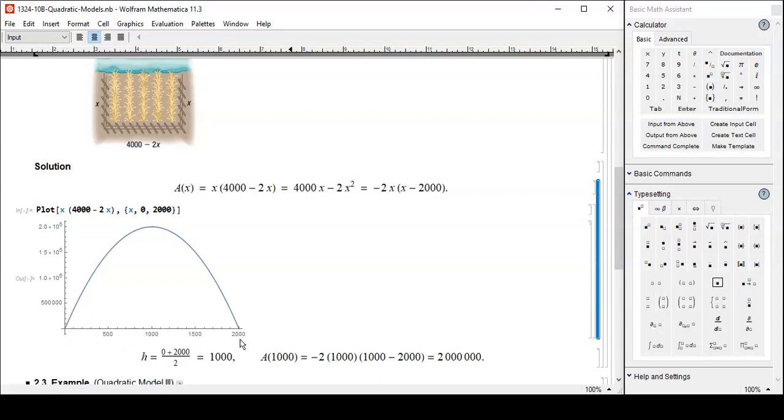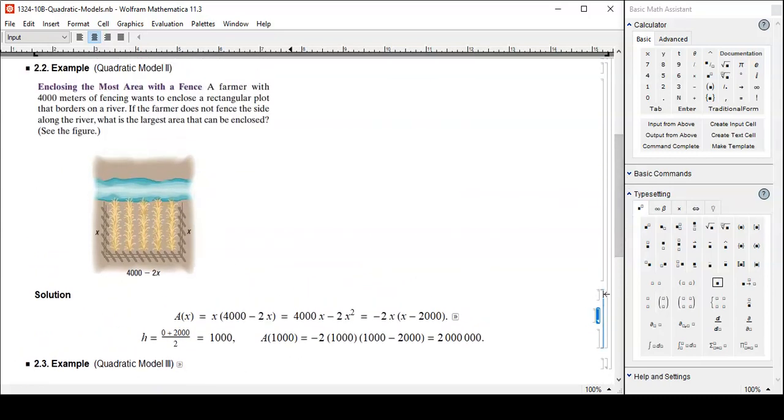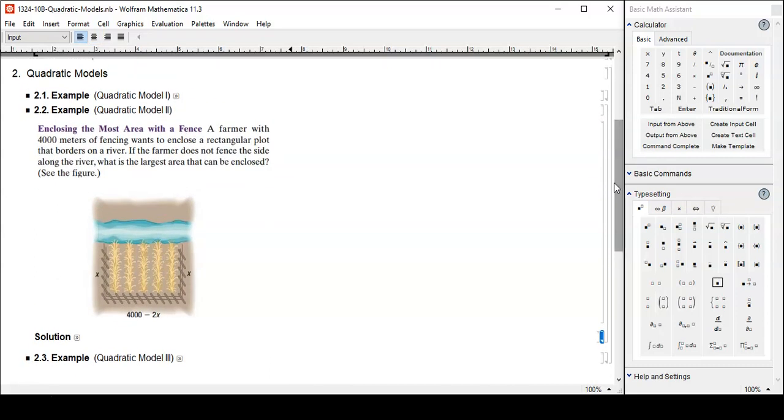X-intercept here, 0, and another one, 2000, and thus the maximum at the average, 1000. And then plug in x equals 1000, you can get the area. We went through that too. So in a broad sense, both examples were utilizing the intercept form and getting the h value as the average of those intercepts.